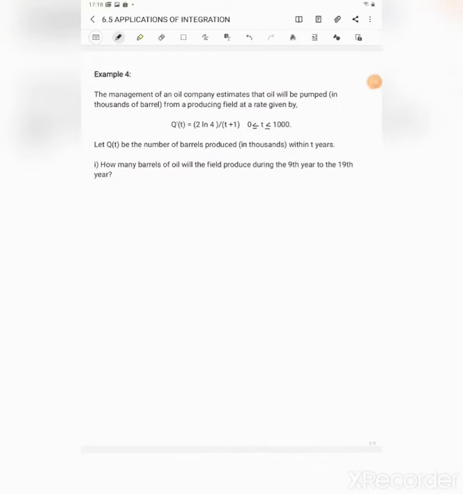Okay, this is example 4. The question is: the management of an oil company estimates that oil will be pumped, in thousands of barrels, from a producing field at the rate given by Q prime t equal to 2 ln 4 divided by (t plus 1), for t between 0 and 1000.